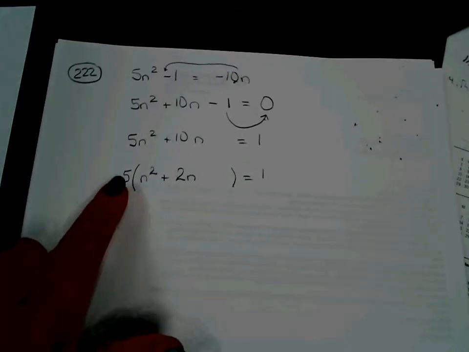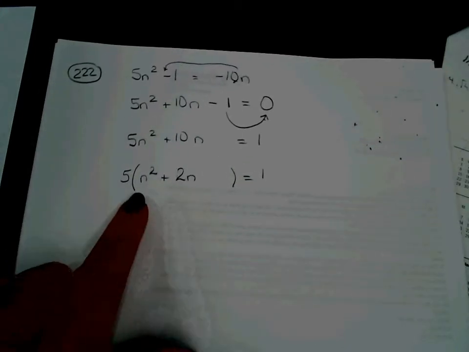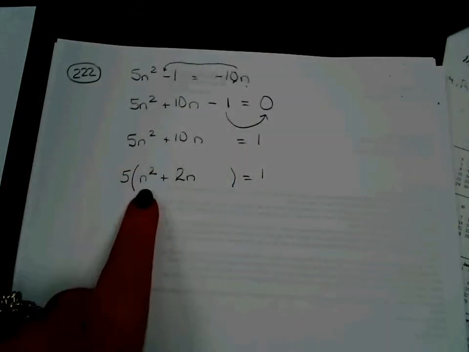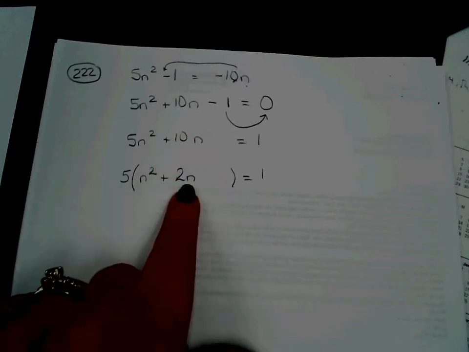So you're doing a partial GCF. You're pulling out the 5, but not the n. The reason you're doing that is you want this coefficient to be 1. Okay? So I pulled 5 out of 5n squared and it left me with n squared. I pulled 5 out of 10n and it left me with 2n.